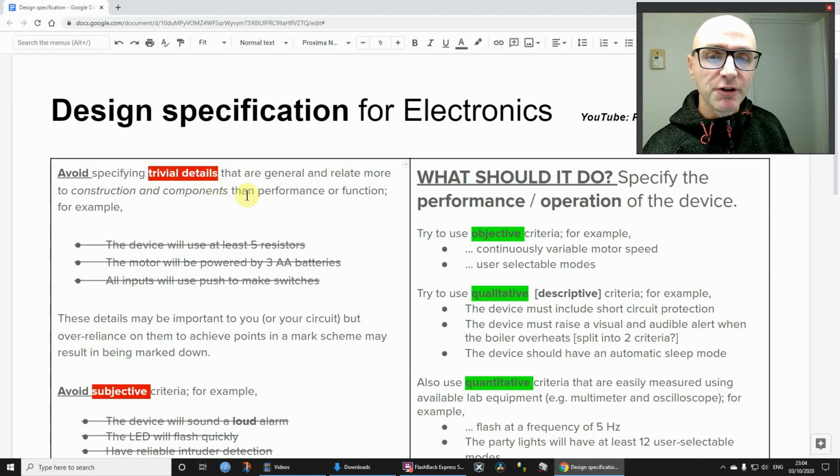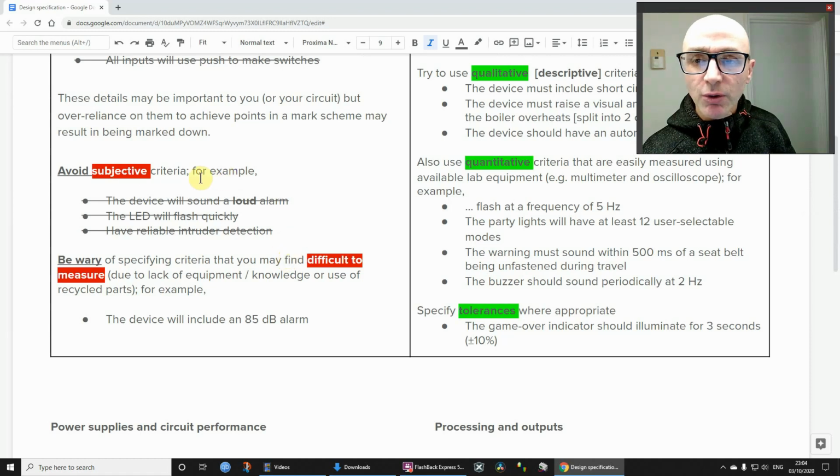For example, if you've identified a problem that maybe you're going to have to transmit some music by some optical means, then it might be appropriate to mention that one of the points in the design specification will be that lasers should be used. But I think that's rather dubious. Generally speaking, don't detail the construction, the components, or how you're actually going to implement things. That comes later.